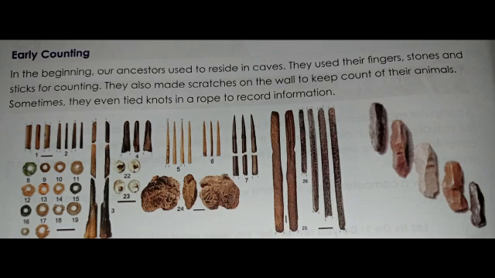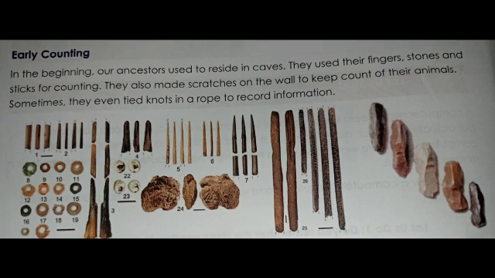Early counting. In the beginning, our ancestors used to live in caves. They used their fingers, stones, and sticks for counting. They also made scratches on the wall to keep count of their animals.